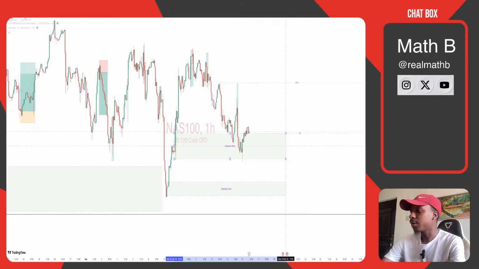Right now, I would say NASDAQ is in a potential demand level, but there's a chance that it comes all the way back into the bottom one here before it starts going higher. Based on the current formation I'm seeing on this level as well, it's showing some bullish characteristics and a bullish reversal candle pattern, but we'll see how the trade actually progresses in the week and today.